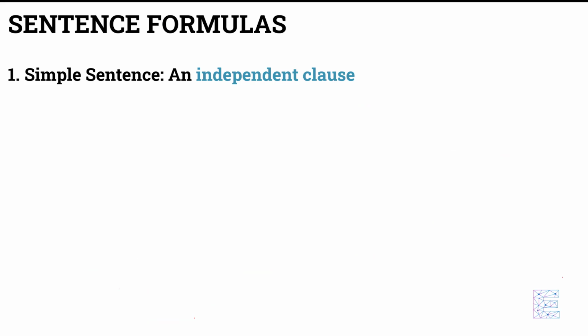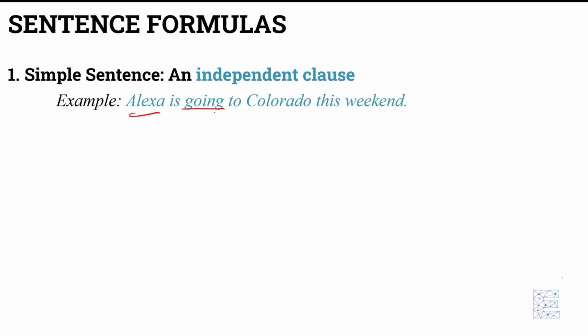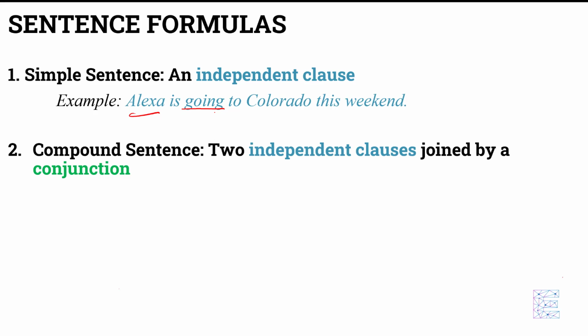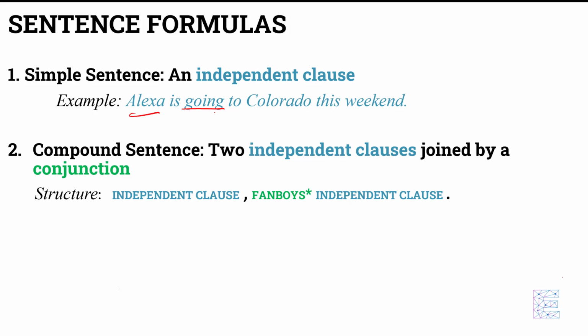The first one is the simple sentence. It's basically an independent clause that we've seen multiple times now, so I'm sure you're very familiar. It just needs a subject and a verb, and that needs to be a complete thought. That's pretty straightforward. The second type is what's known as a compound sentence, whereby you have two independent clauses joined by a conjunction.